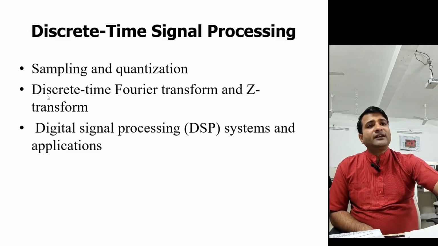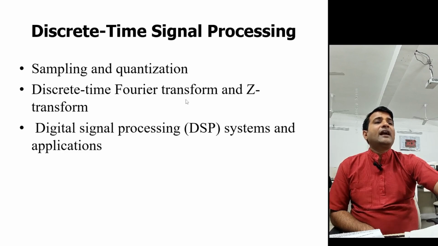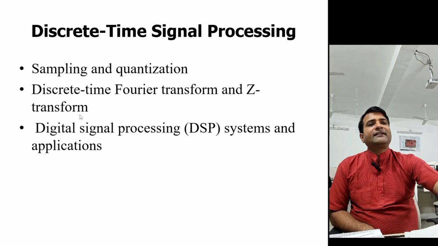You have used the discrete time Fourier transform as the mathematical tool for spectrum analysis, and also used the Z transform for stability and causality, the various criteria to check in discrete time signal processing.